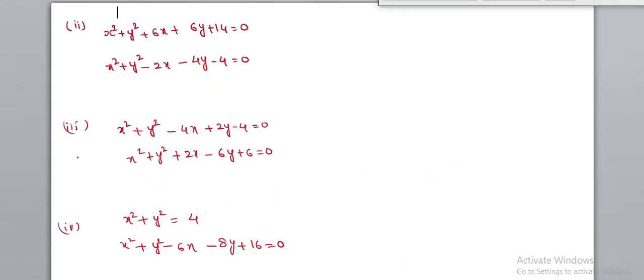Do homework, these three problems. This one, simply identify the centers: minus 3 comma minus 3 and 1 comma 2. The first radius is coming 2 and the second radius is coming 3. What does it represent? The condition C1 C2 is greater than R1 plus R2.